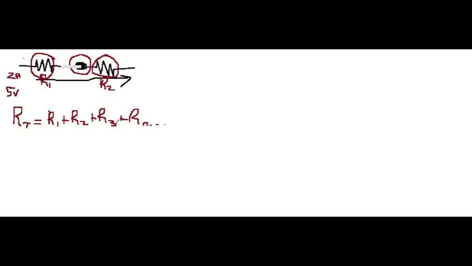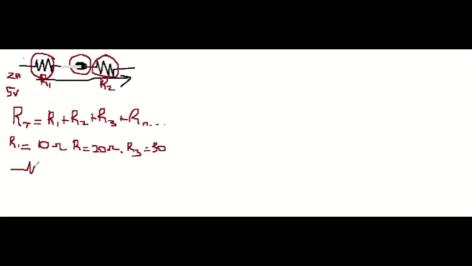Now, let us look at an example. Suppose we have a series circuit with 3 resistors where R1 is equal to 10 ohms, R2 is equal to 20 ohms, and R3 is equal to 30 ohms. Now we could represent this information in the circuit.